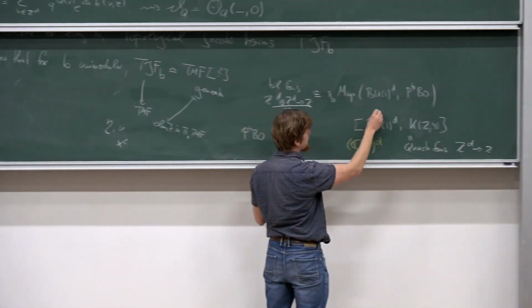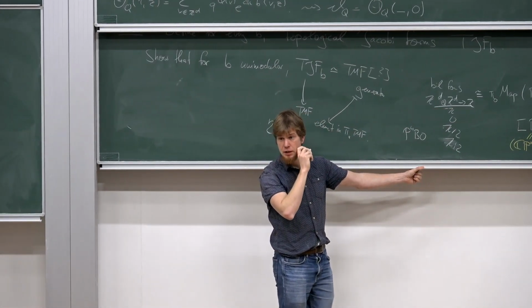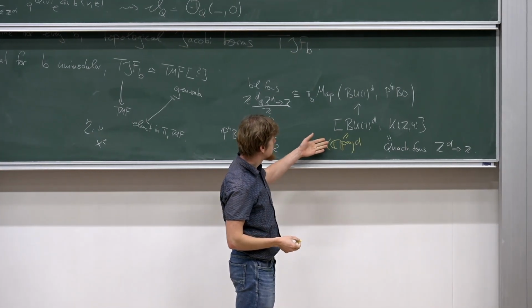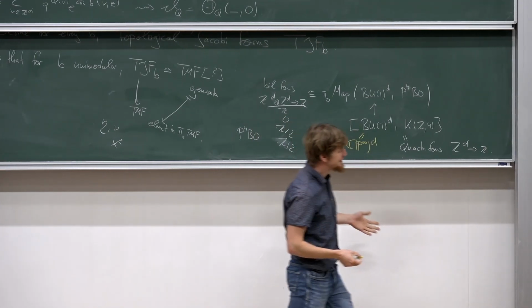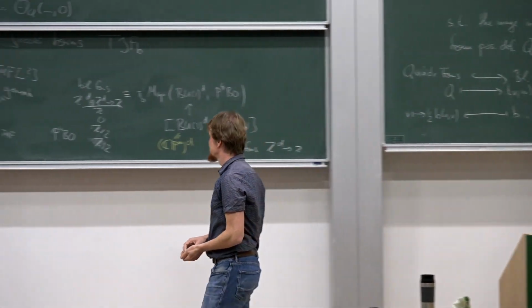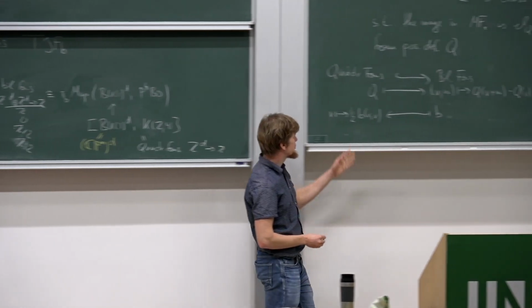So clearly you have a map from here to here, from the inclusion of KZ4 to the fourth Postnikov truncation. And it turns out that this is exactly this map. That extra Z mod 2 is exactly controlling this cokernel.